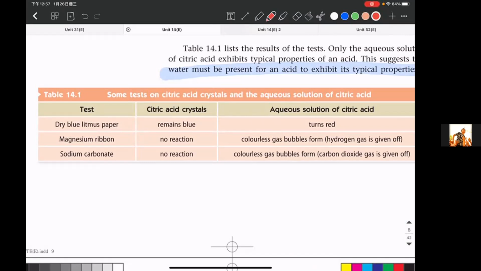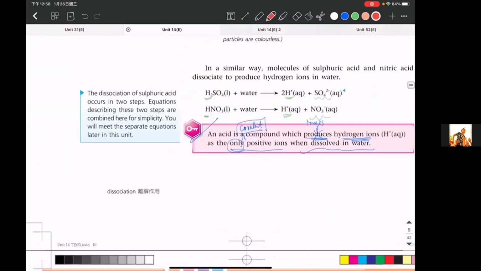Now, to end up the lecture today, I would like you to have a try on the structure type questions. Question 14 on page 40.